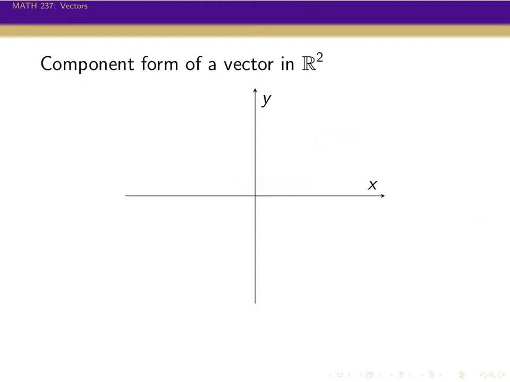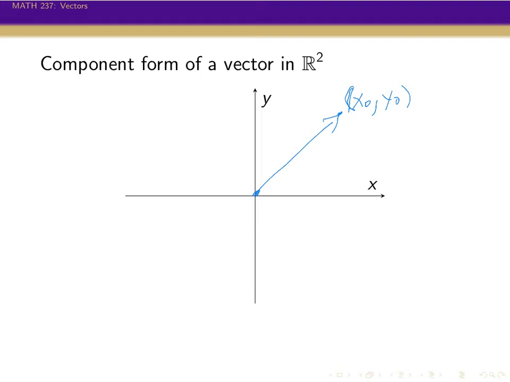Okay. So once we have a vector in standard position, then its terminal point, the point that it's pointing to, is going to be unique. Let's say that it's pointing to the point x naught, y naught.